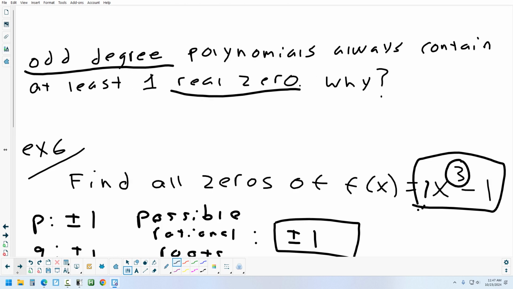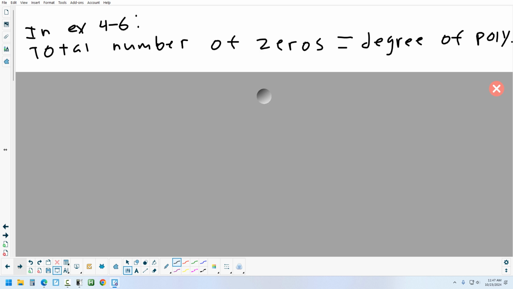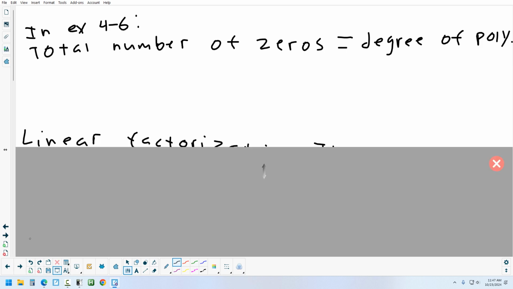So the number of roots that you get, the number of answers to the problem, is always equal to the highest exponent. If there's 4 roots, the exponent on the problem is a 4. If there's 3 roots, the exponent must have been a 3. 2 roots, it must have been a 2. Those two numbers are always the same.